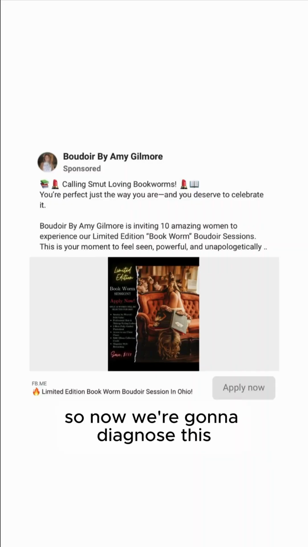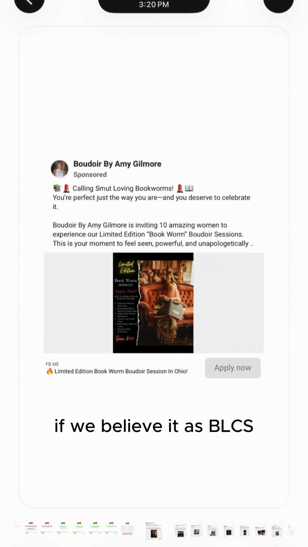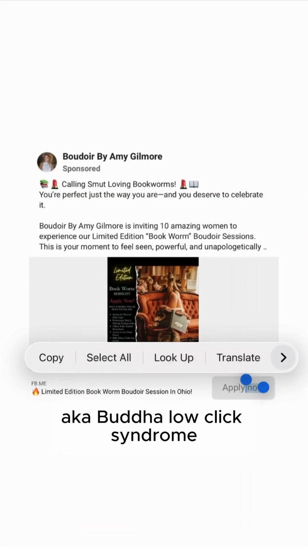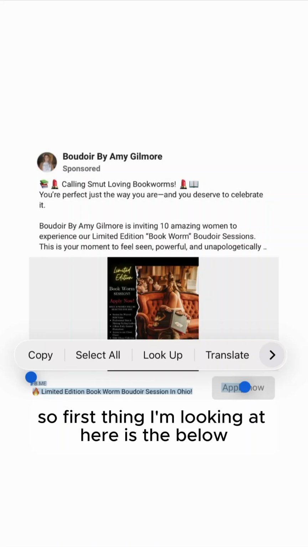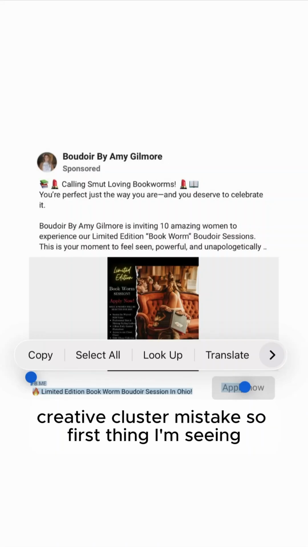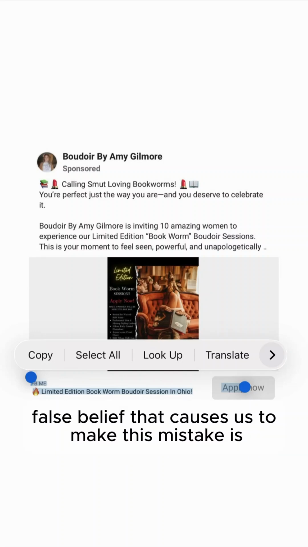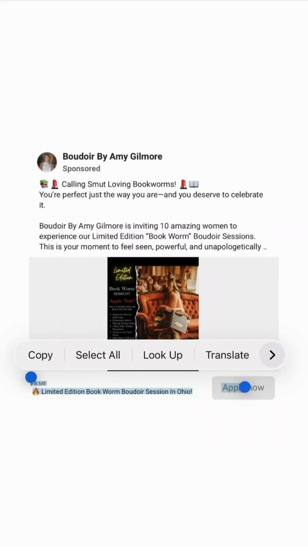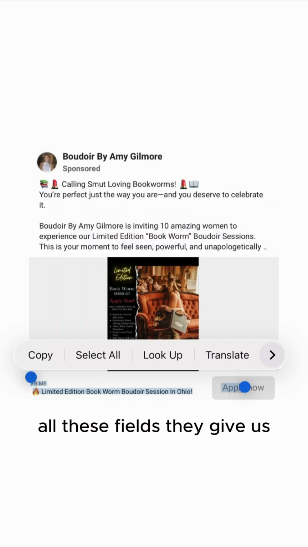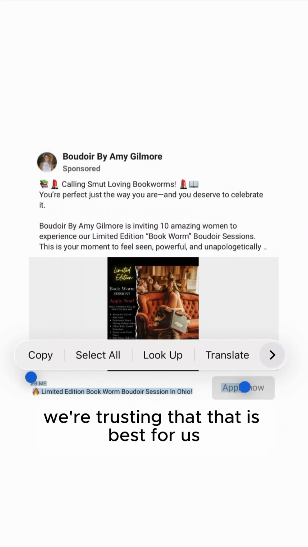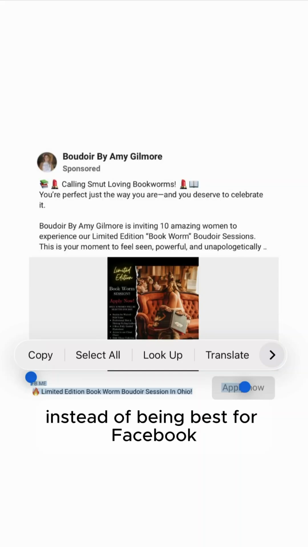So now we're going to diagnose this if we believe it as BLCS, aka Boudoir low click syndrome, with a unique CTRL under 6%. So first thing I'm looking at here is the below creative cluster mistake. The false belief that causes us to make this mistake is we're trusting that what Facebook recommends for us to fill out in our ads, all these fields they give us, is best for us instead of being best for Facebook.